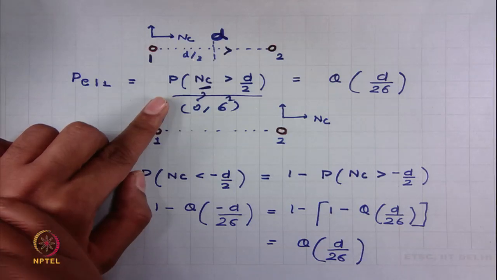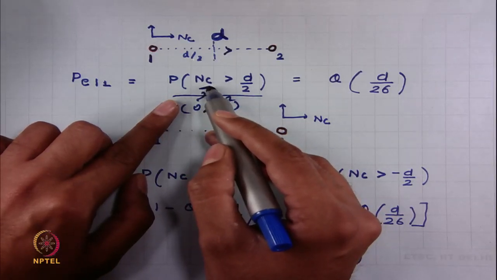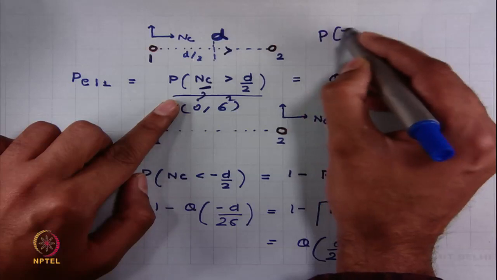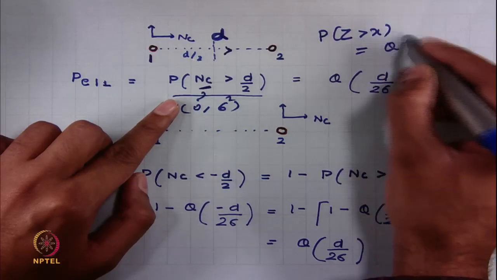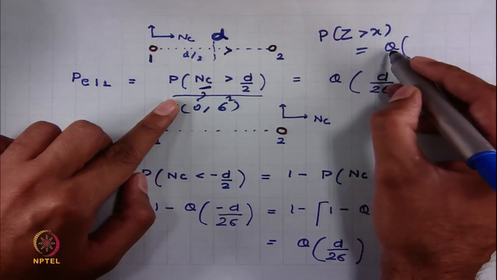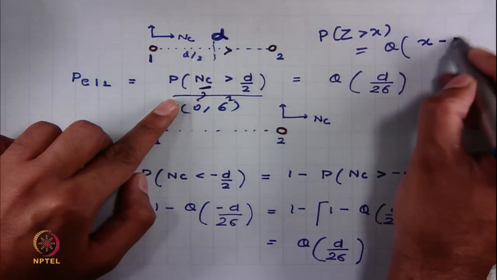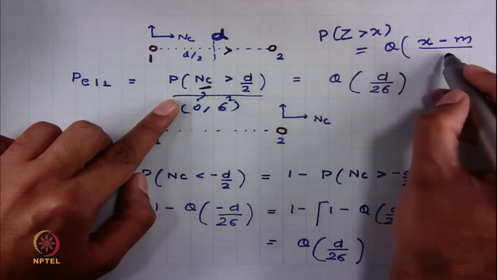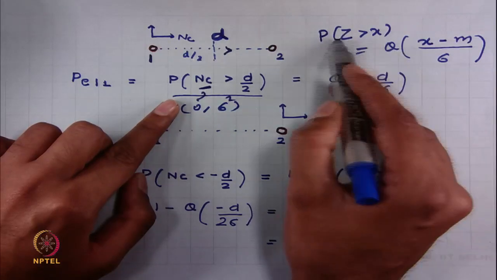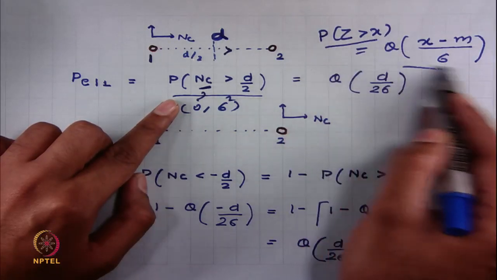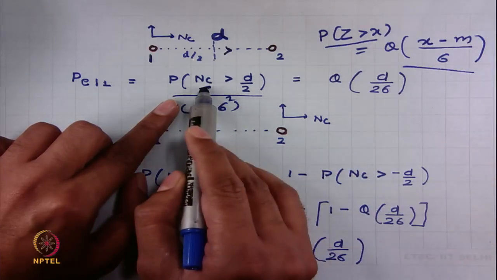We have seen before that if you have to find the probability of a Gaussian random variable taking a value greater than x, then you can easily calculate this probability in terms of the Q function, and this will be Q of x minus the mean of this random variable divided by the standard deviation of this random variable. We have seen in one of the lectures that this can be simply calculated in terms of the Q function like this.